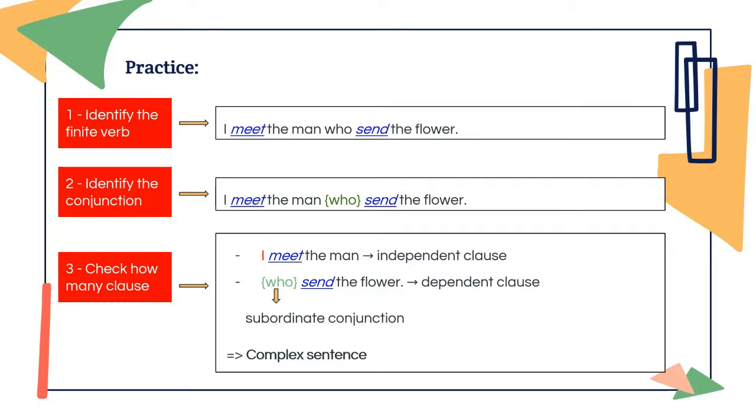The first one, "I met the man," is an independent clause, and the second one, "who sent the flower," is a dependent clause because it cannot stand alone. So we can identify that the sentence has an independent clause and a dependent clause, connected by a subordinate or relative conjunction. We conclude the sentence is a complex sentence.